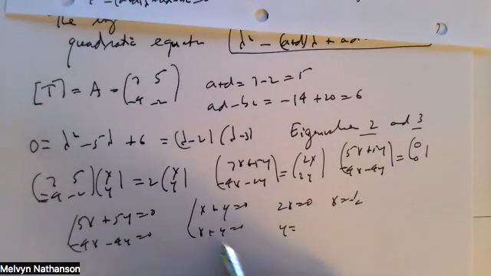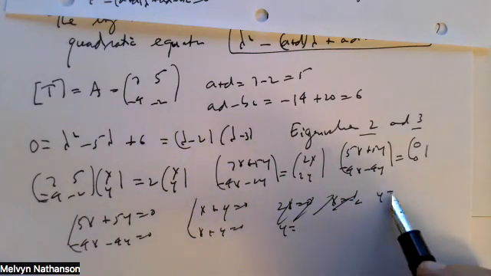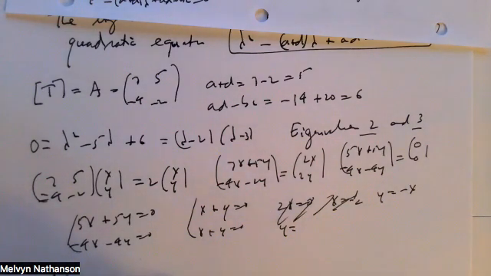So these are both the same as x plus y equals 0. So any vector where y equals minus x works. If I let lambda 1 equal my first eigenvalue, 2, the eigenvector v1 has y equal to minus x. If x is 1, y is minus 1.